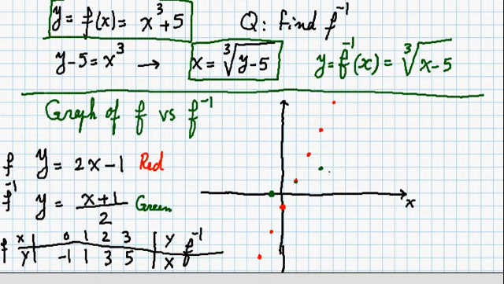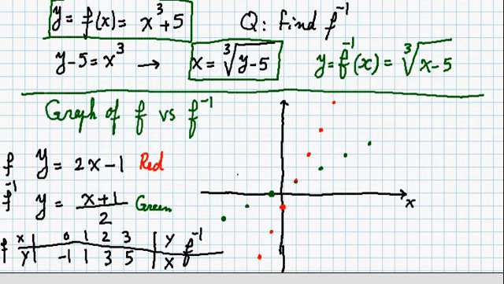When x is 5, y becomes 3. When x is 7, y becomes 4, and so on. When x is minus 1 it was 0, at minus 3 it's going to be minus 1, minus 5 is going to be minus 2, and so on.